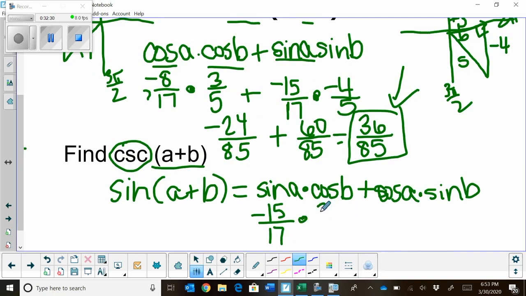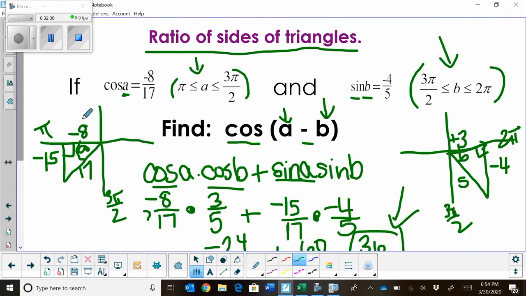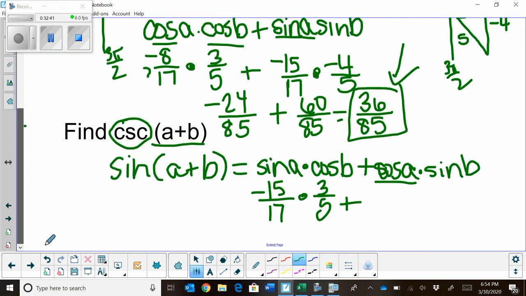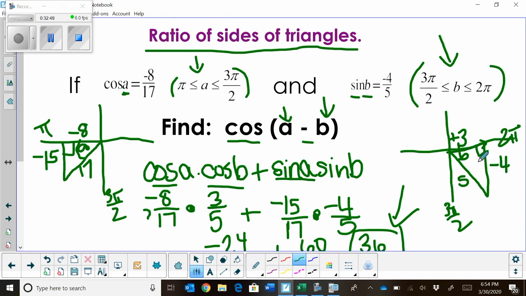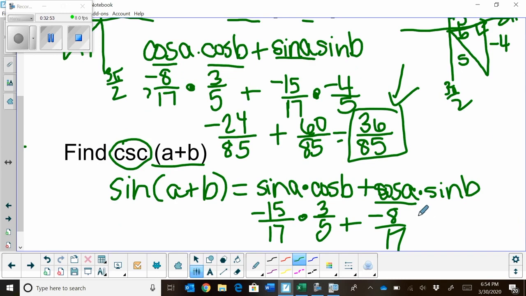So times 3/5 plus the cosine of A. Let's go back to the A triangle. Cosine is -8/17. That was given. Times the sine of B. Sine of B is -4/5. That too was also given.